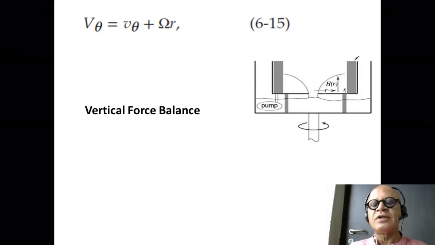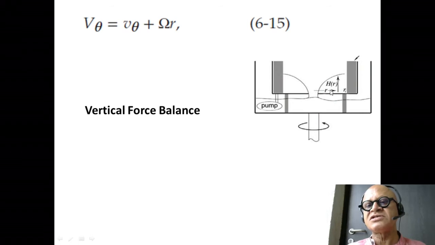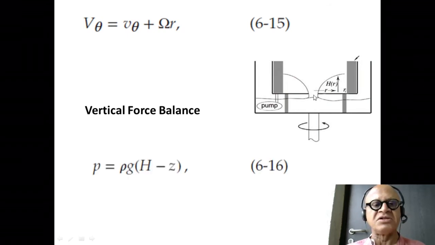Okay, so trying to write the vertical force balance here. This is the vertical at any given distance r. So r1 is the radius of the tank, r is the distance from the axis of rotation. The height is h(r) of the water column, which is obviously going to 0 at the middle. So pressure here is rho g times (h minus z).